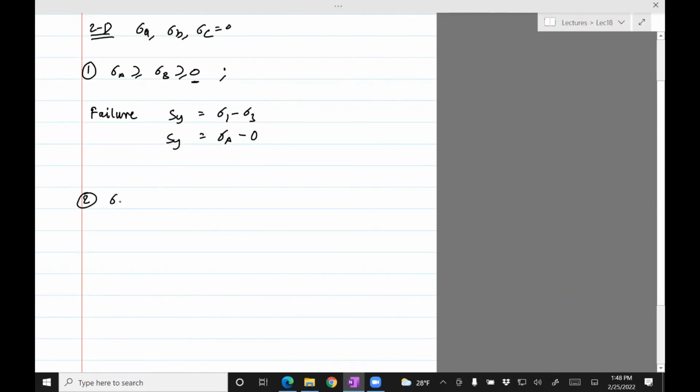Next, let's assume sigma A is greater than 0, is greater than sigma B. In other words, the stress sigma C is 0, which is the middle one, and sigma B is less than 0.